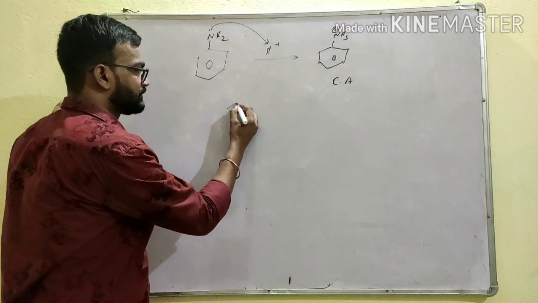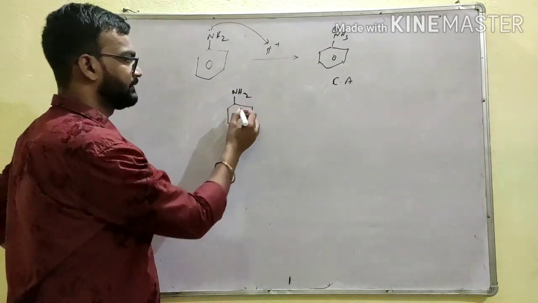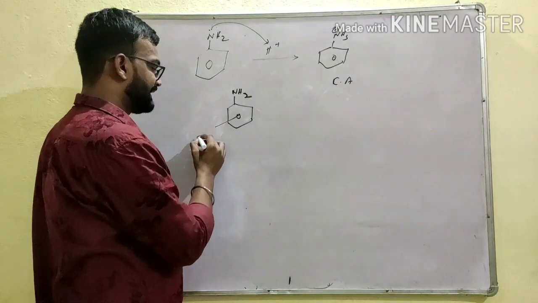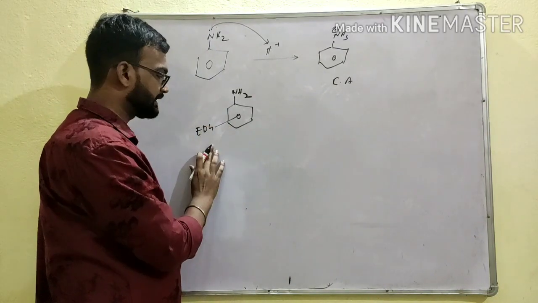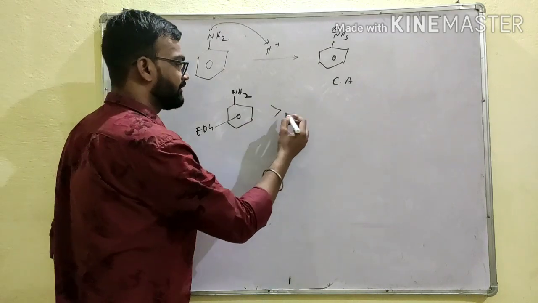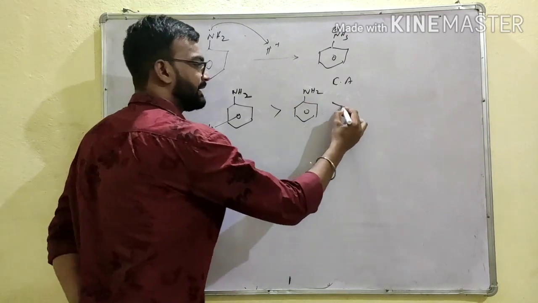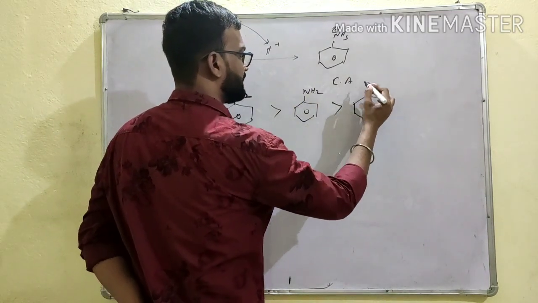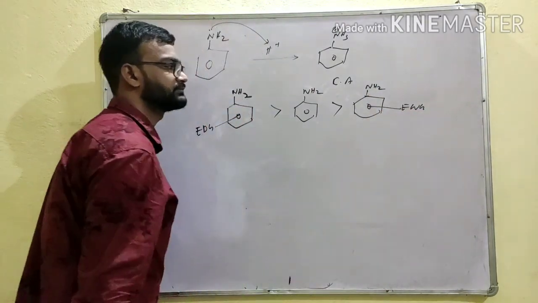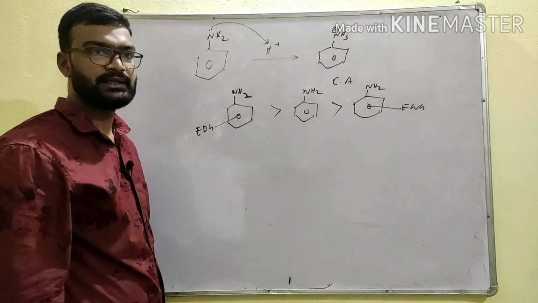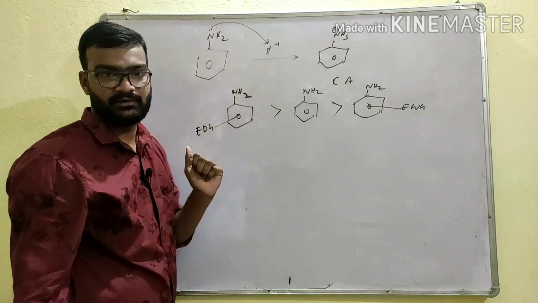So I can write aniline. If it is attached to an electron donating group at any position, that will be more basic as compared to normal aniline, and that will again be more basic than if it is attached to an electron withdrawing group, right? So this is the general scenario, but at the ortho position this is very special.